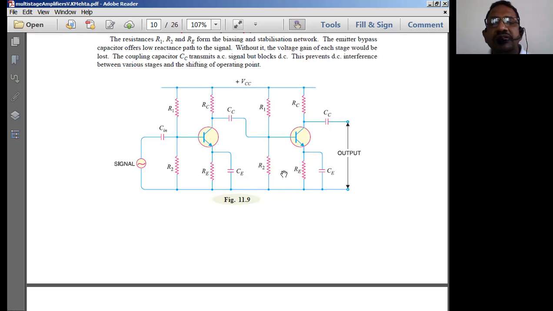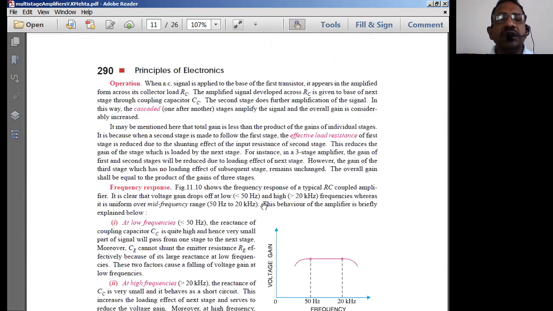So the effective resistance is called R for us, and this is C. That means the output of this circuit is coupled to the input of this particular amplifier transistor circuit through the effective R and C. Therefore, it is called an RC coupled type of amplifier circuit. So the coupling has been done by using an RC coupled amplifier.